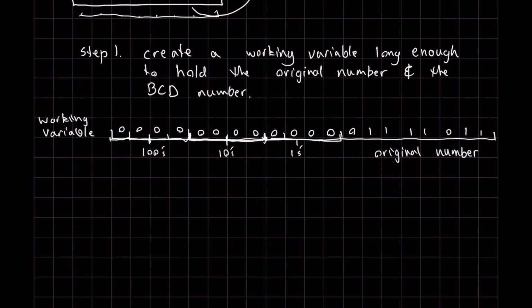Let's get rid of this line so that we can differentiate more easily our number from our working variable. Let's change the color of it.